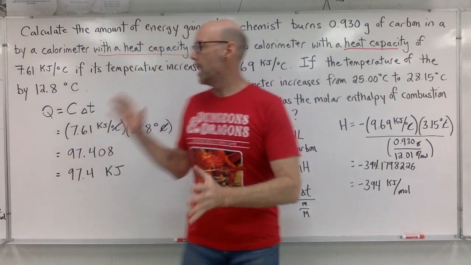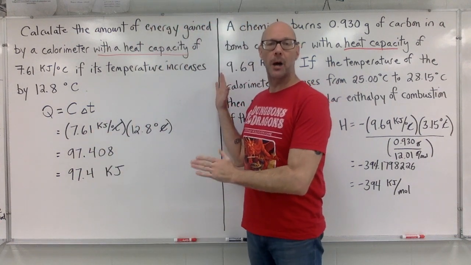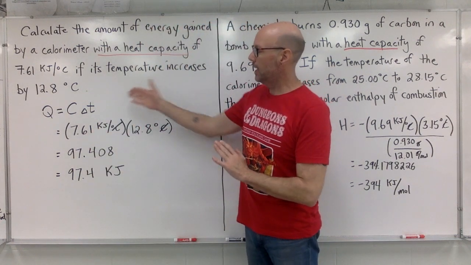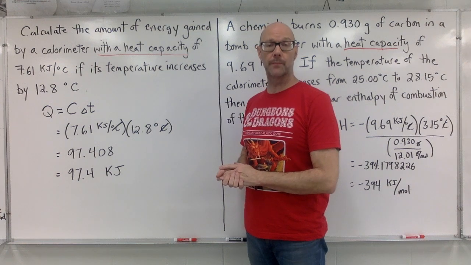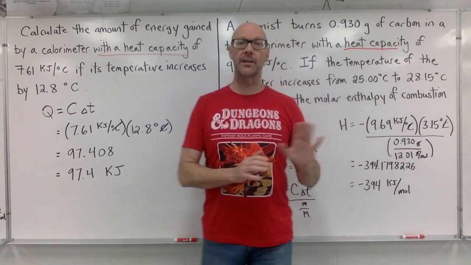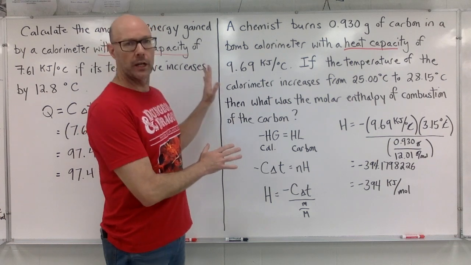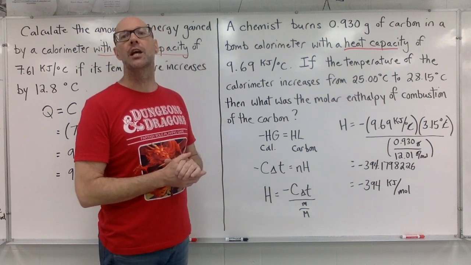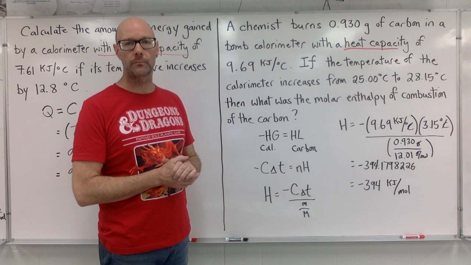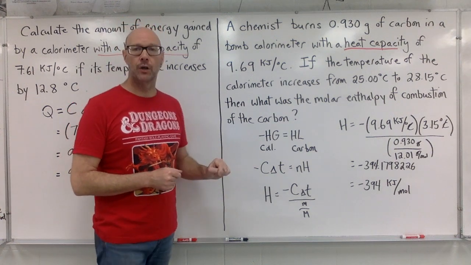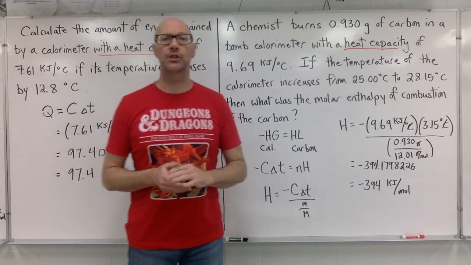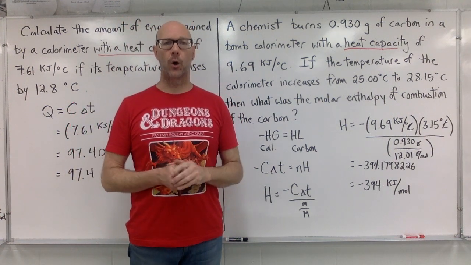From there, if we only have numbers about the calorimeter itself, it's a short and sweet calculation. In contrast, if we have numbers about two different substances, we're going to have to focus on the energy transfer. Watch that negative, watch those significant digits, watch your units, and I hope that helps.